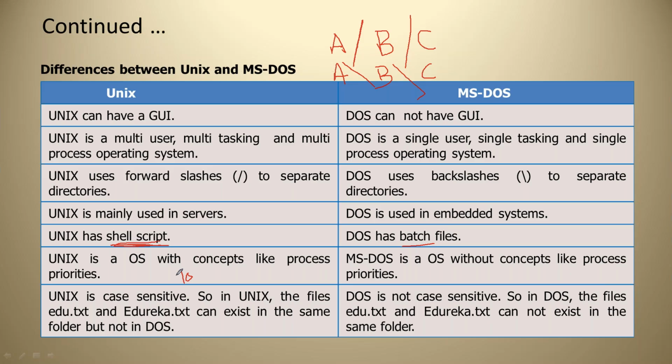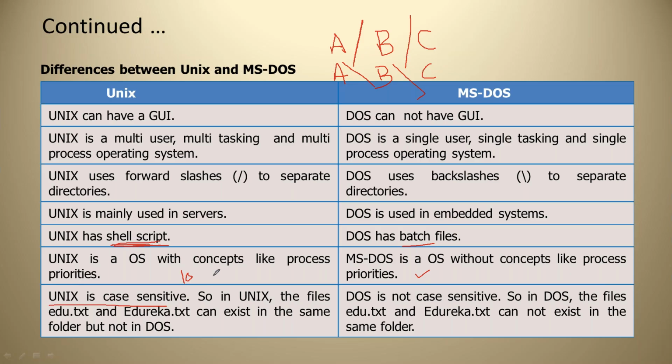There are commands for this. If scheduled that way, they will execute one by one after completion. Priority 1 completed, then it picks the priority 2 task, and then the priority 3 task, and executes it. We need to mention the task numbers as per our priority basis. That facility is available. In MS-DOS, that facility, process priorities, is not available.